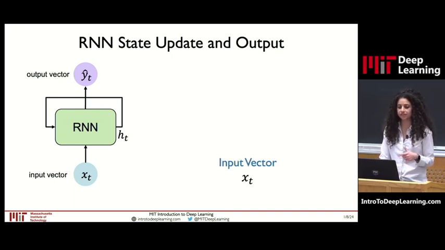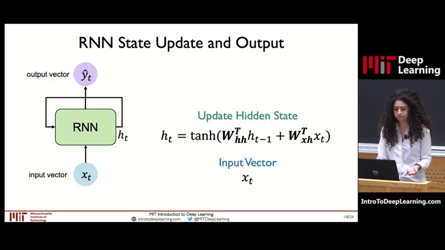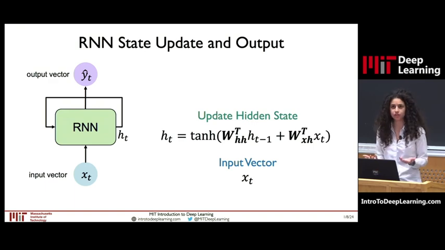To walk through this component, we have this input vector, x of t. We can use a mathematical description based on the nonlinear activation function and a set of neural network weights to update the hidden state h of t. While this may seem complicated, this is very similar to what we saw prior. All we're doing is learning a matrix of weights: an individual matrix for updating the hidden state, and one for updating the input.